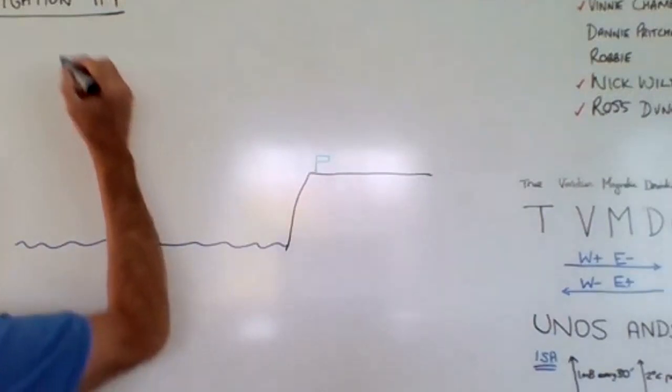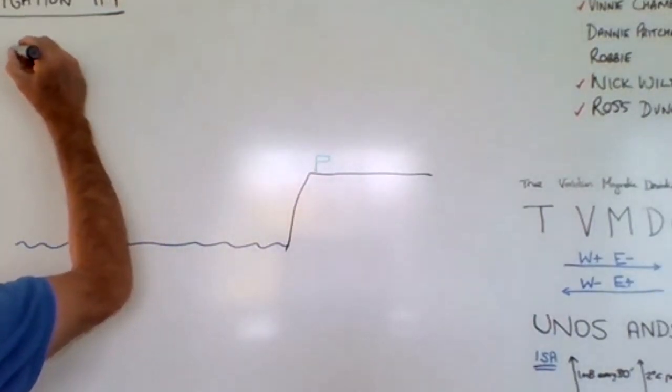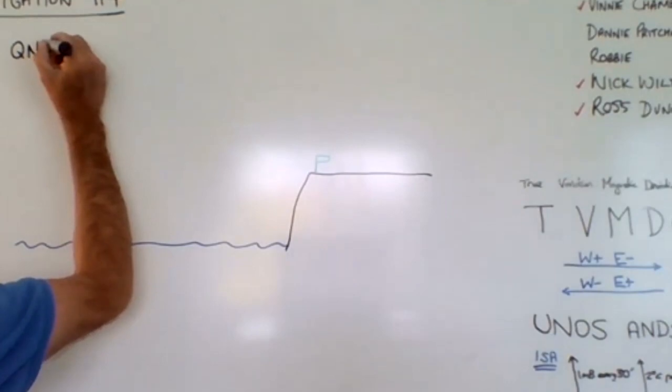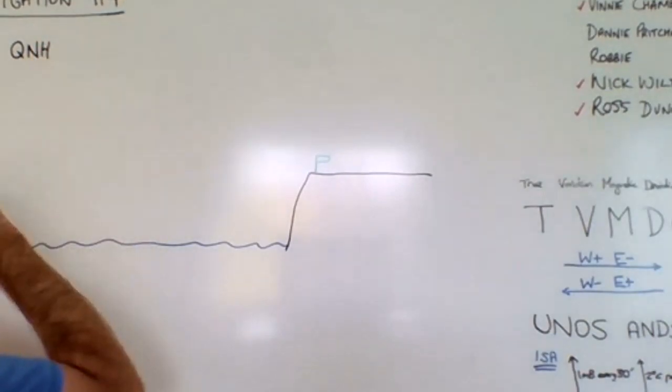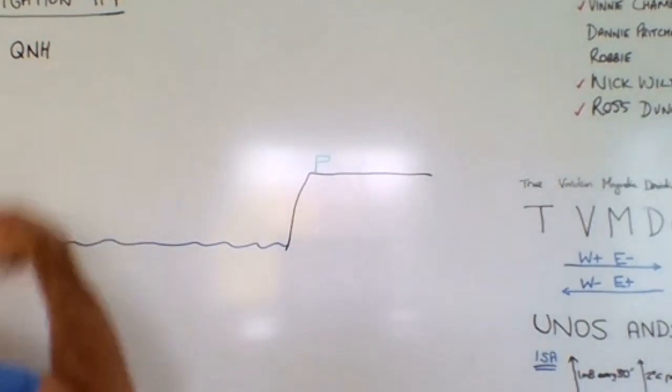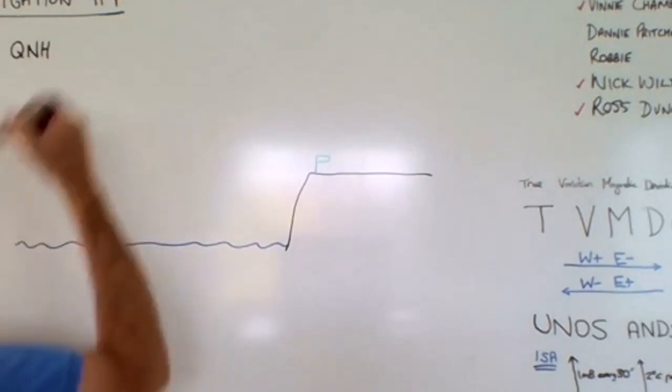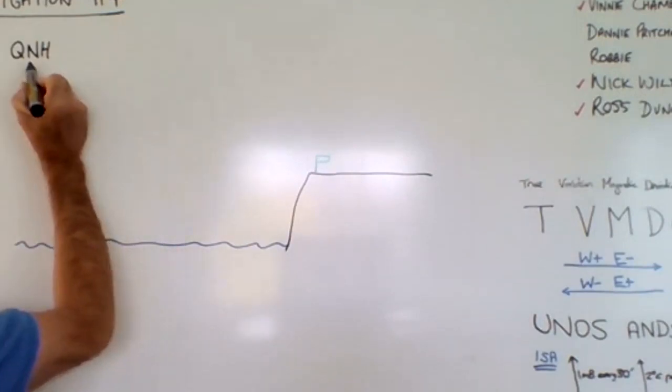So the first thing we come across is QNH. QNH means how high you are relative to the sea.